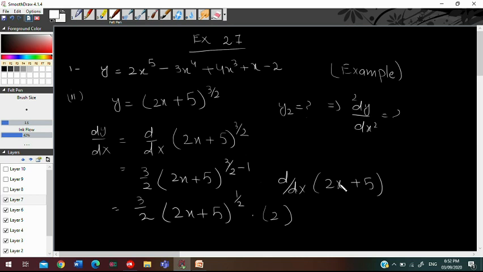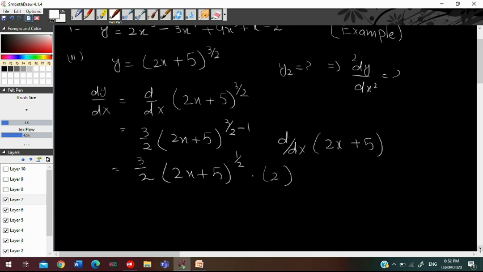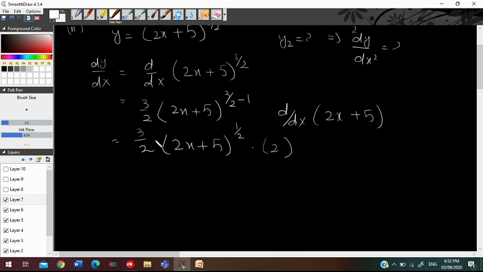Now this 2 is cancelled with this 2, and finally you have 3 into (2x plus 5) power 1 by 2. This is your first derivative.